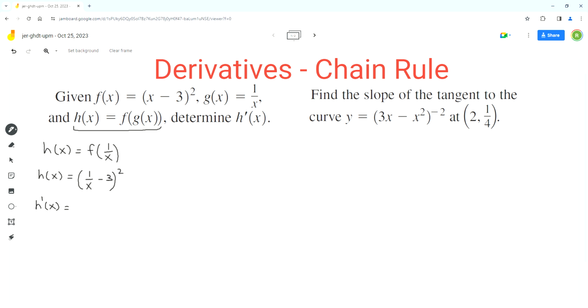We use the power rule. So 2 times (1/x - 3), and we subtract 1 from 2 in the exponent, times the derivative of the inner function, which is 1/x - 3.